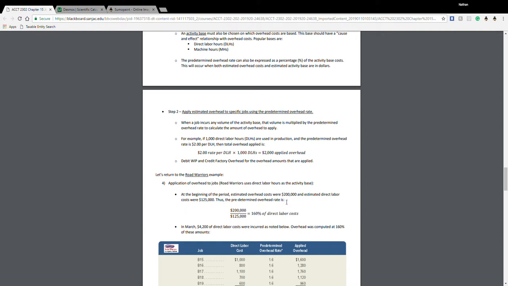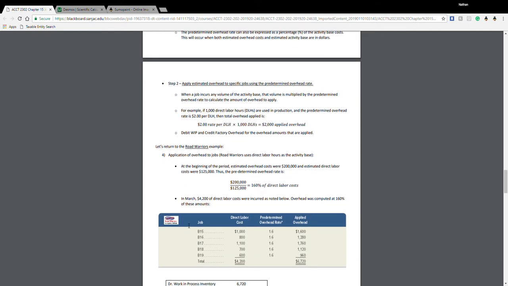So again, we estimate both. So with this, $200,000, sorry, left off a few zeros, divided by 125,000 equals 160% of direct labor cost to get to our estimated overhead.